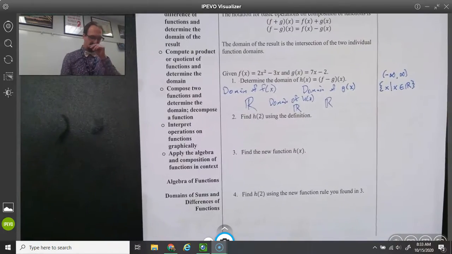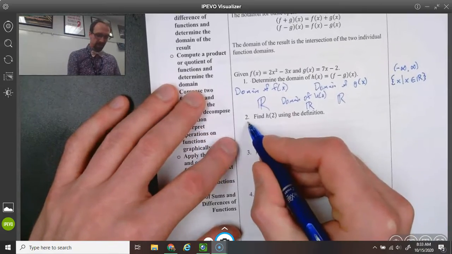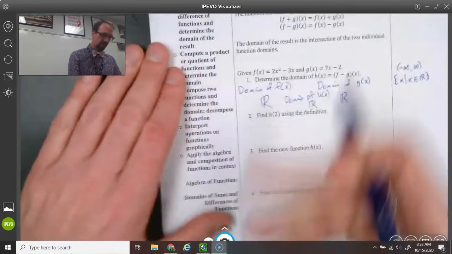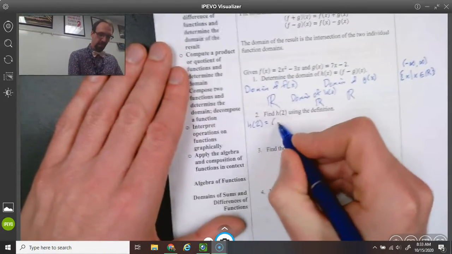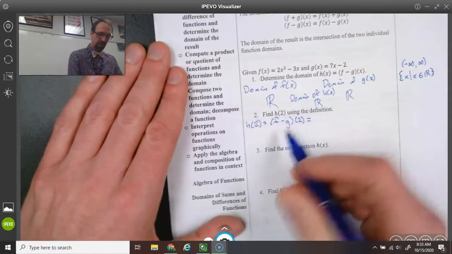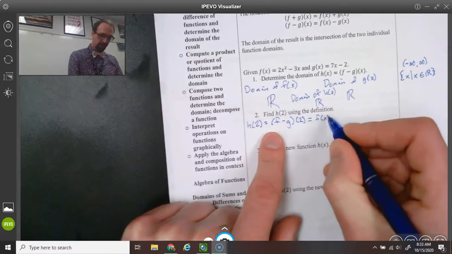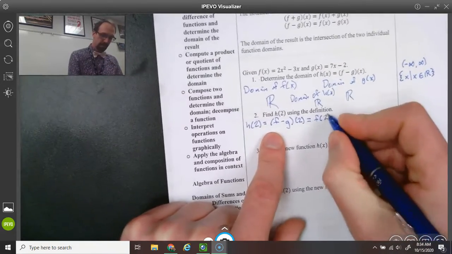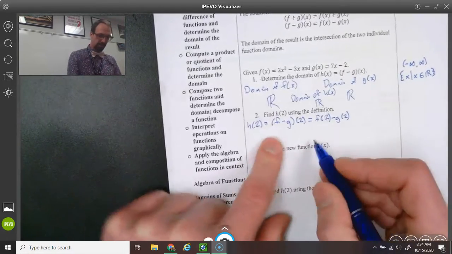It says find h of 2 using the definition. So h of 2, now let's go ahead and show each of the steps. Here I have h of 2 is equal to f minus g of 2. Well, f minus g is going to be f of 2 minus g of 2. Let's go ahead and talk about what f of 2 is.